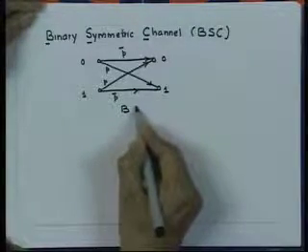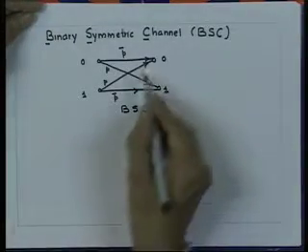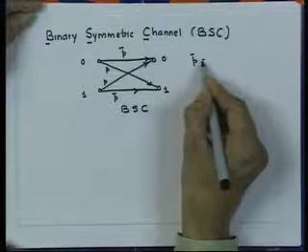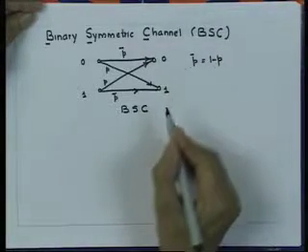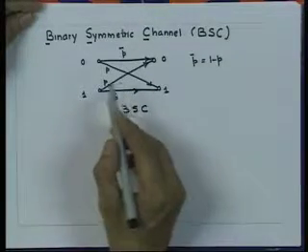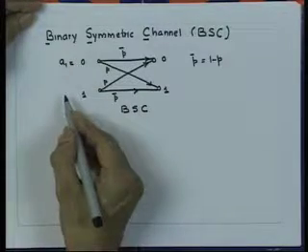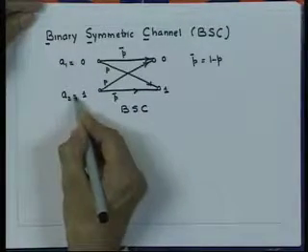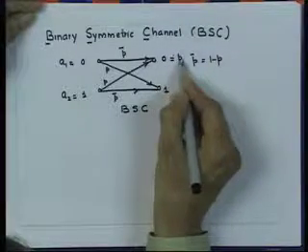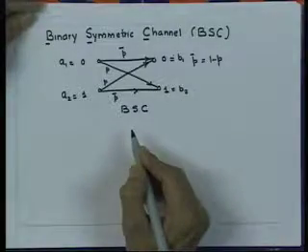So, this is the channel diagram for the binary symmetric channel, and as usual P bar is equal to 1 minus P. So, A1 is equal to 0 and A2 is equal to 1 and B1 is equal to 0 and B2 is equal to 1.